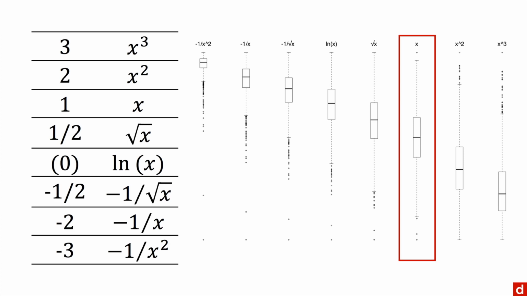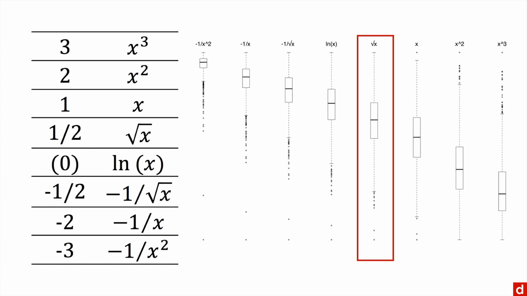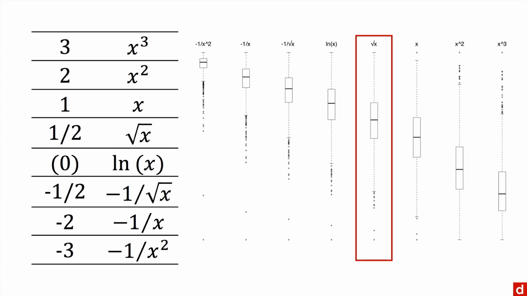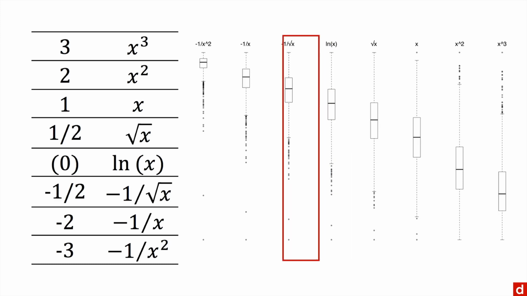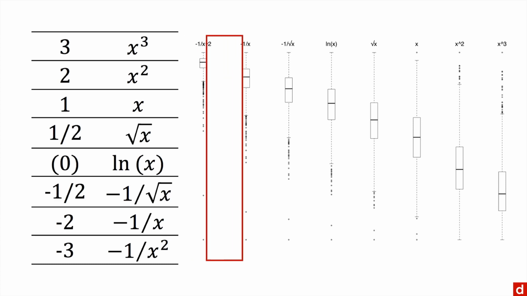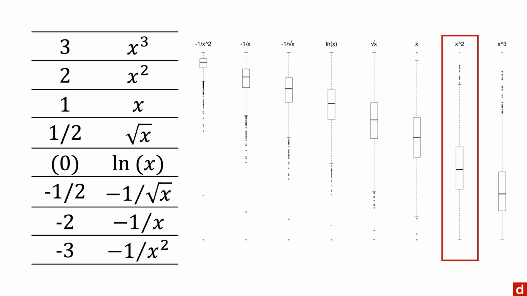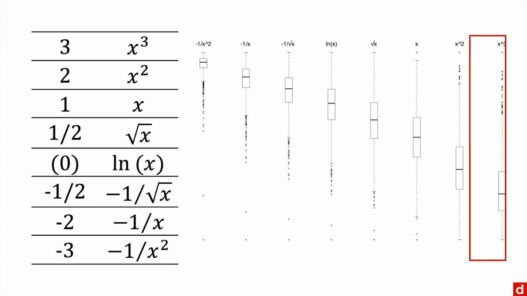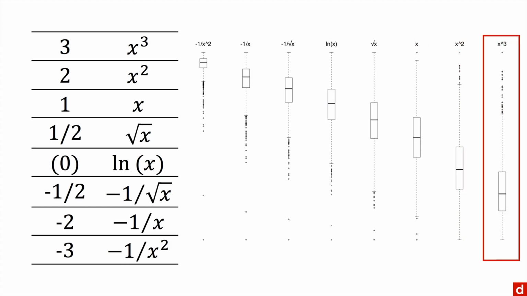And as you start to move in one direction and you apply the transformation, you take the square root, you see how it moves the distribution over to one end. Then the logarithm, and you get to the end, you get this -1 over the square of the score. And that pushes it way, way, way over. If you go the other direction, for instance, you square the scores, it pushes it in the other direction, you cube it, and then you see how it can move it around in ways that allow you to actually undo the skewness to get back to a more centrally distributed distribution.